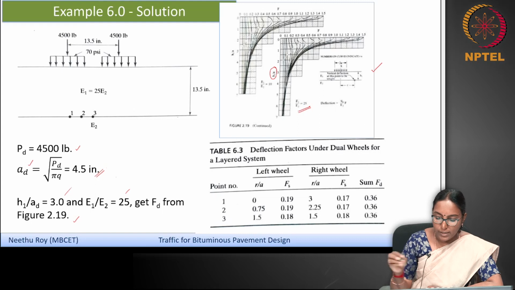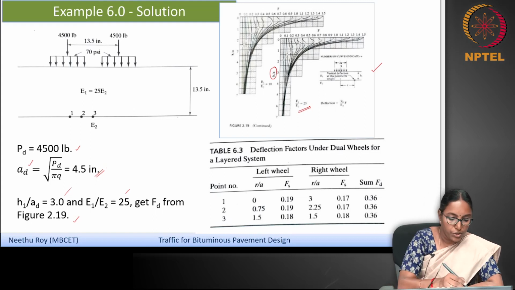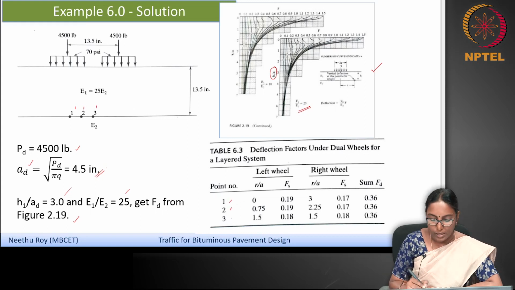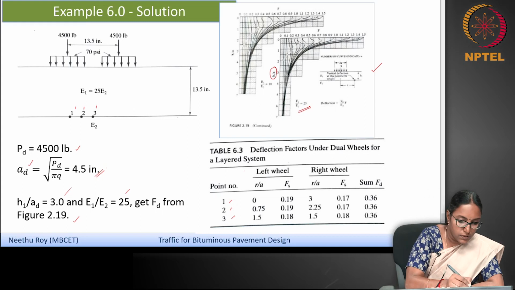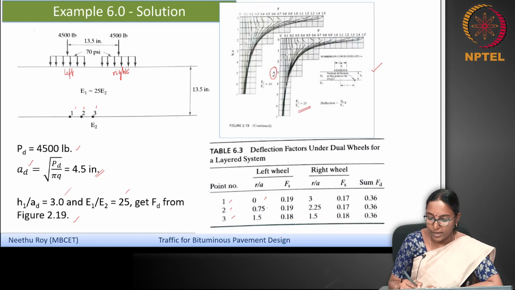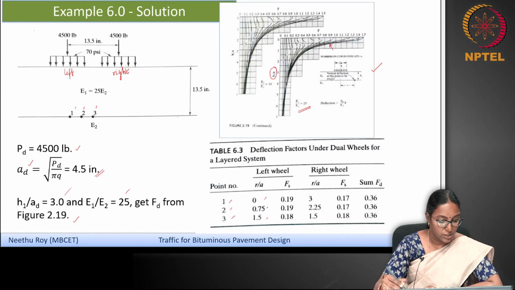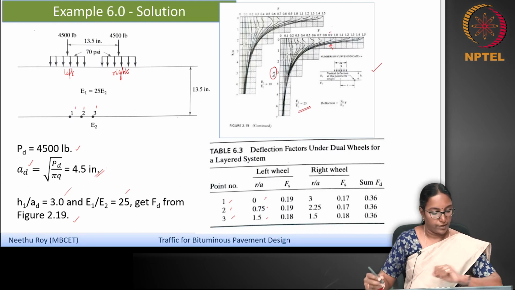Now for the dual wheels, you have to note the values at different points. So we have considered point number 1, point 2 and point 3. You can see here 1, 2, 3, for the left wheel and the right wheel. As we have already discussed, for each of them these are the R by A values, and for the various R by A values from this chart and the given H1 by AD value, you can get the F values.